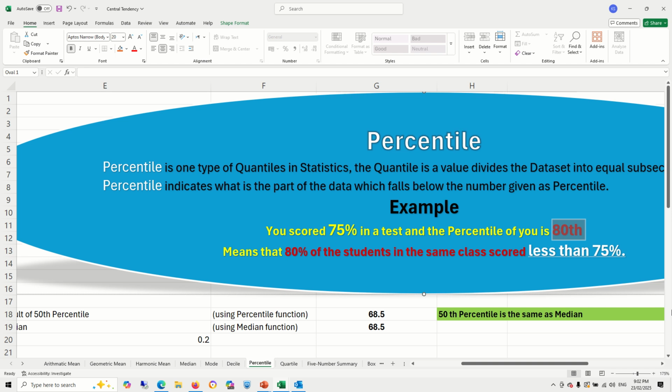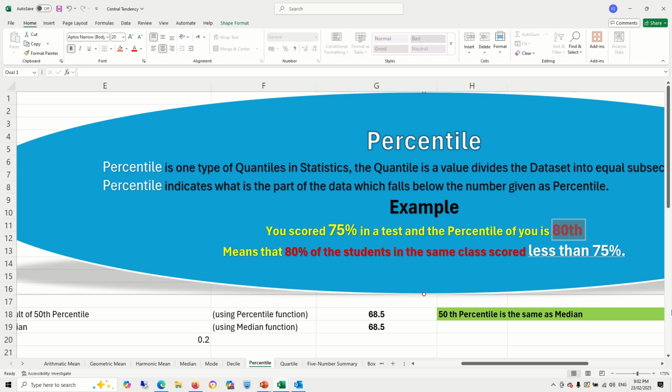In this situation, for example, if you got 70% in a score, then your percentile is 85. That means that 85% of the students got below your score, which is 70%, and 15% got above it. It means, in other words, that the test might be very difficult.